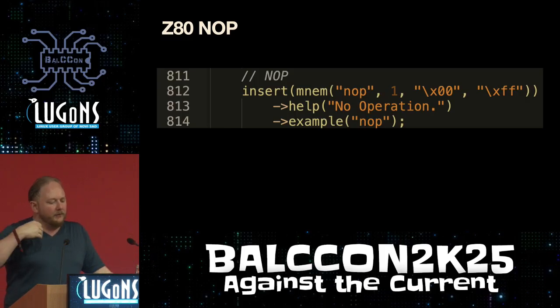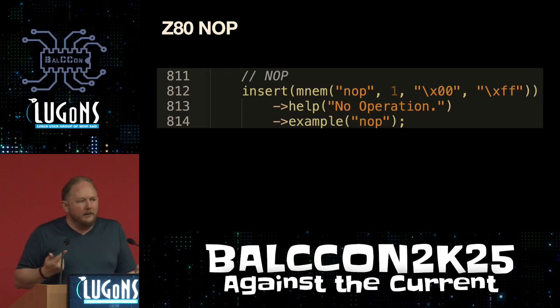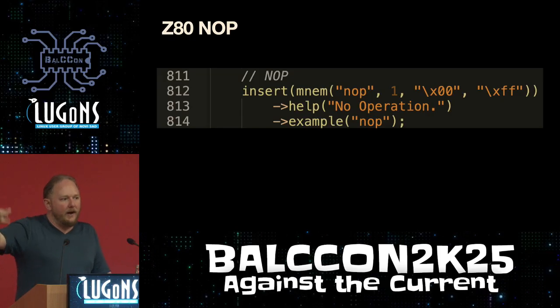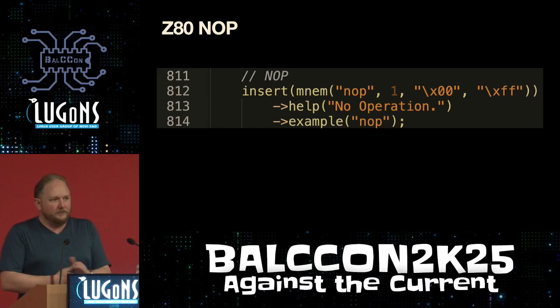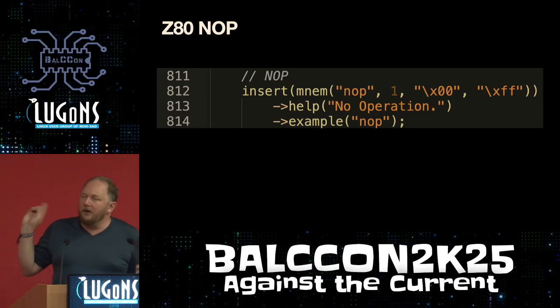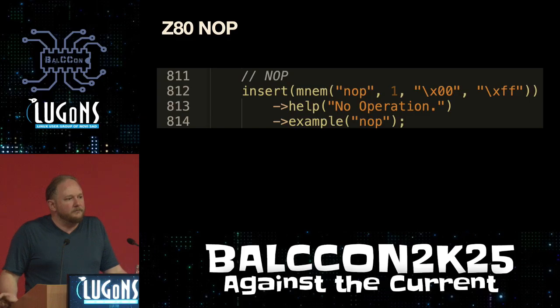It's saying that the instruction has a name of NOP, that it is 1 byte long, that the value of that byte is 0, and that the mask of the value, meaning like which bits matter, is FF. So all of the bits matter. This instruction has to be 0, 0. None of it can change. It also adds a help entry saying that this is no operation.